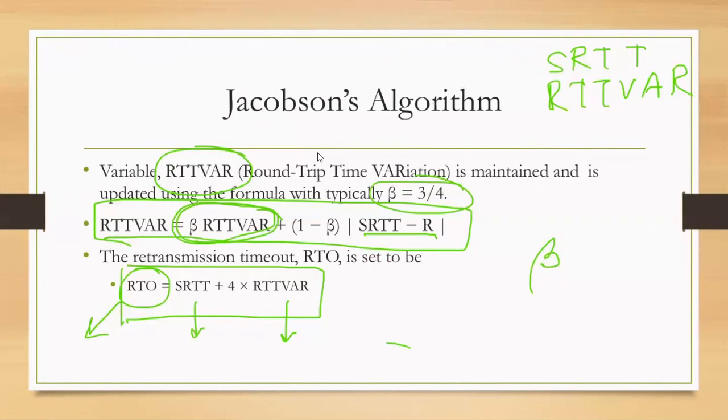Multiplying by a factor of 4 is kept for convenience in the computation.